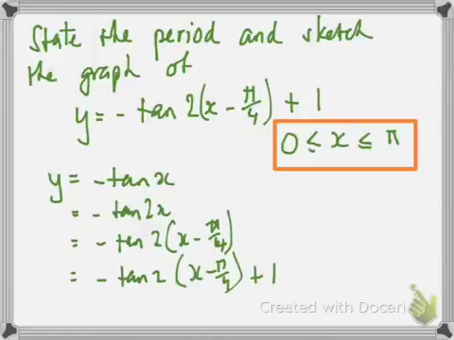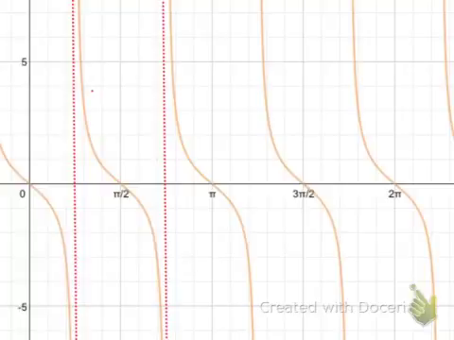If you take it one step at a time and make the correct transformations, in fact, in hindsight, you're probably better off starting with that one there. It's probably a waste of time to do tan x. And that's what I've done here. If you look at the next slide, I've started with the graph of y equals negative tan 2x.